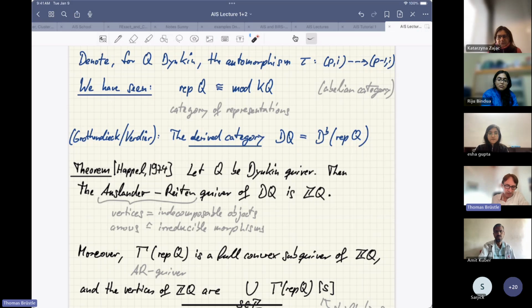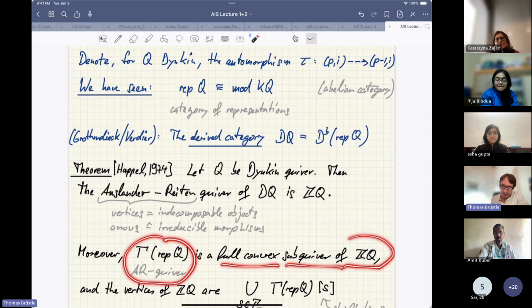So the Auslander-Reiten quiver of the category of representations. You did discuss the Auslander-Reiten quiver of representations of Q, right? So this Auslander-Reiten quiver is a full convex subquiver of this quiver ZQ.